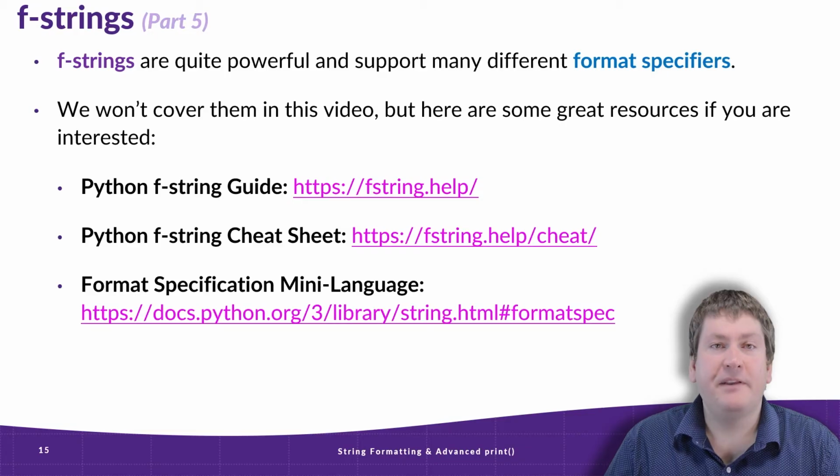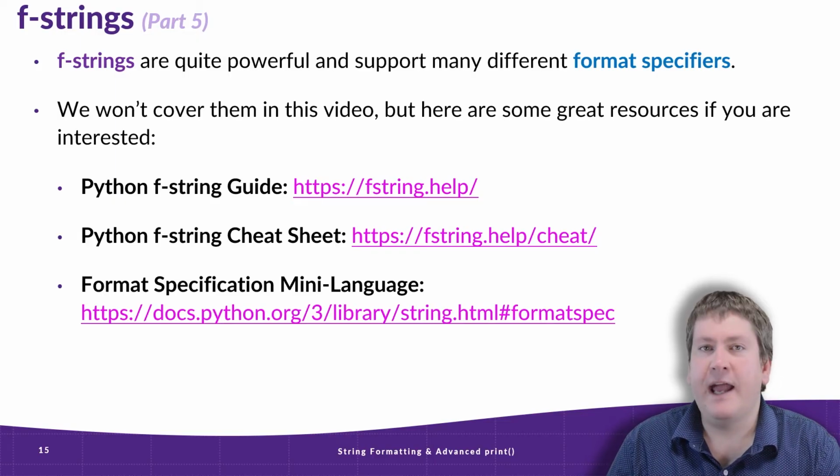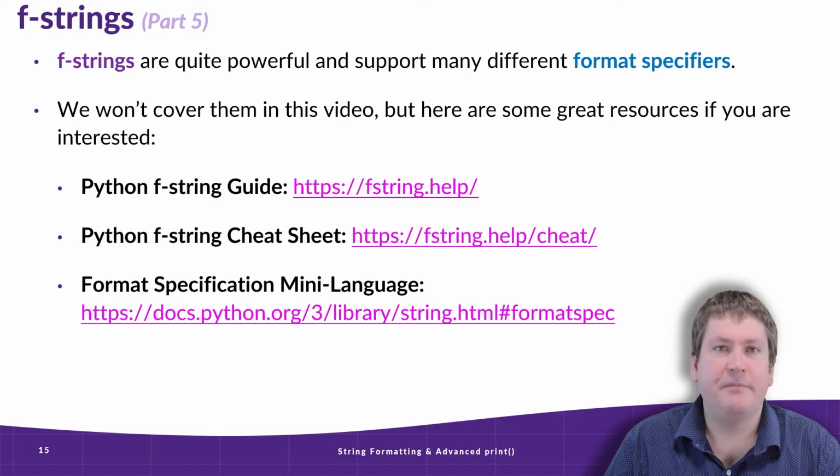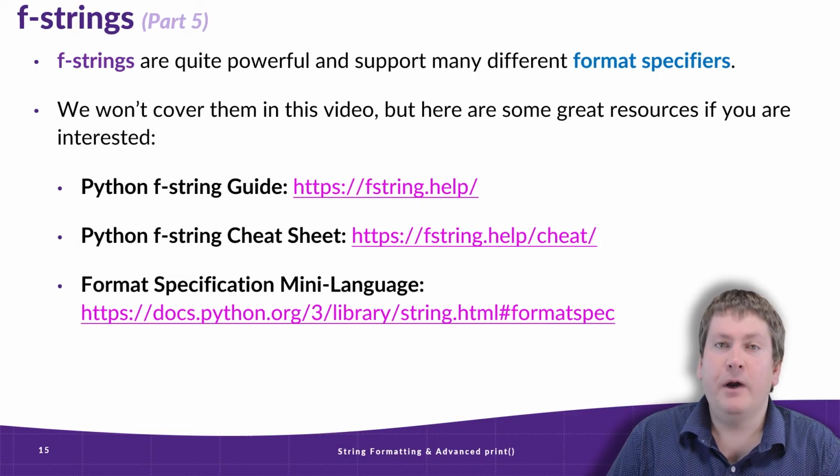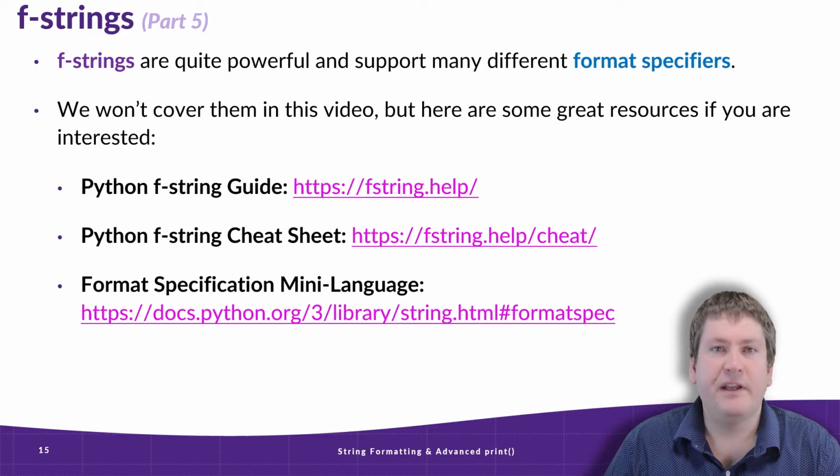So these format specifiers are quite powerful, and there's many different ones for integers, for strings, and a whole bunch of different things, including even small things like adding commas in numbers. We won't be going in depth into format specifiers in this video, but if you are interested, I have a few resources here. And these are things like a cheat sheet, a guide, as well as the formal specification for the mini language.